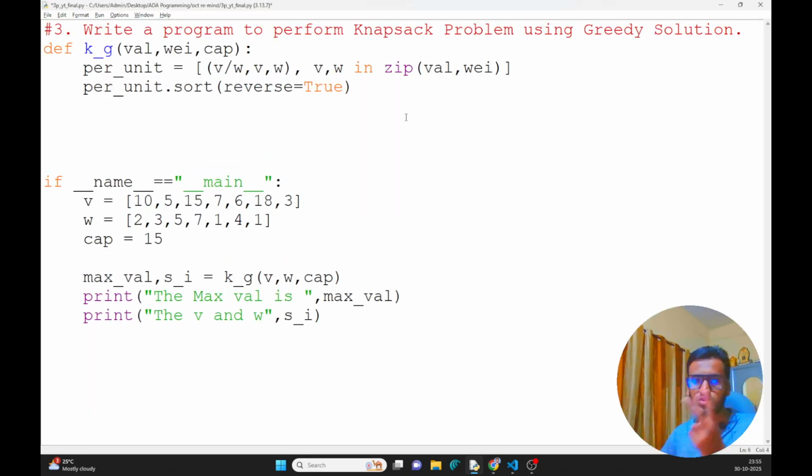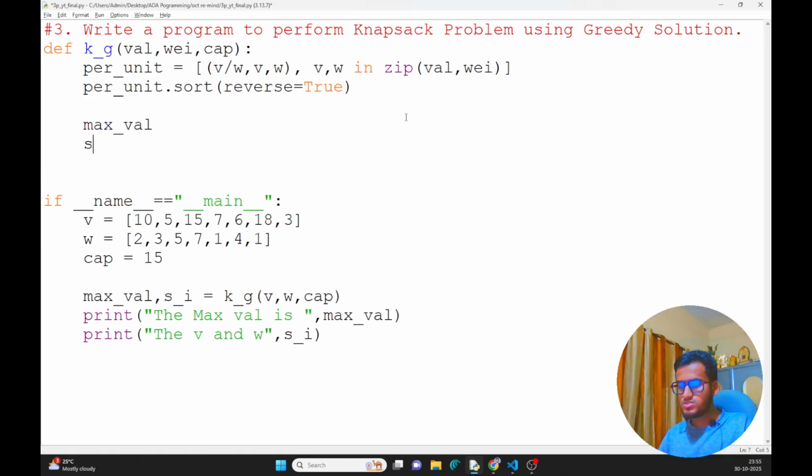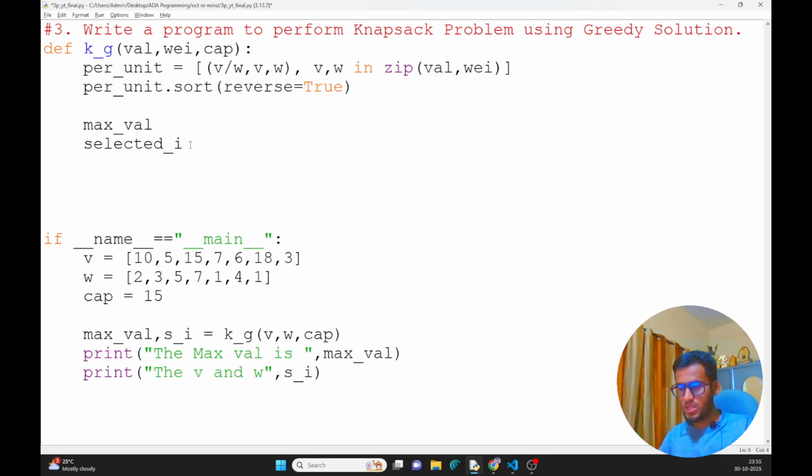And we want to define two variables that are maximum value and selected items. Everybody getting to know. Let me copy this, sometimes it will become a spelling mistake. Now I will write a condition.